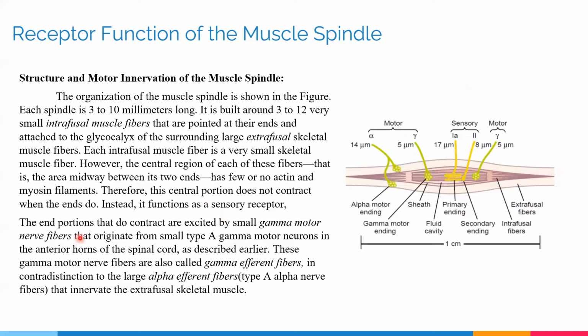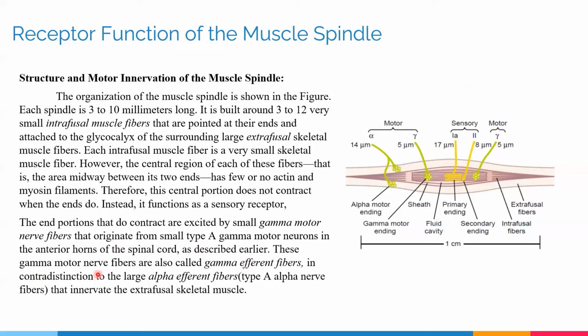The end portions that do contract are excited by small gamma motor nerve fibers that originate from small type A gamma motor neurons in the anterior horns of the spinal cord, as described earlier.